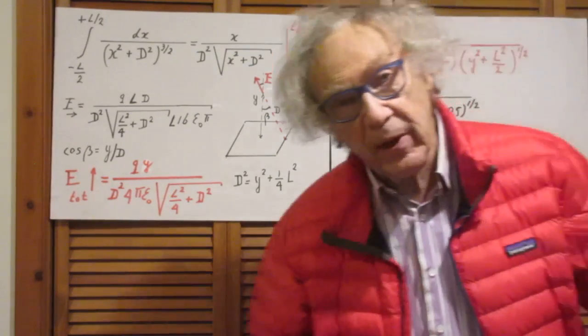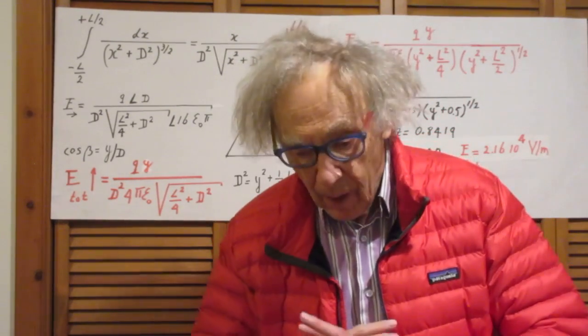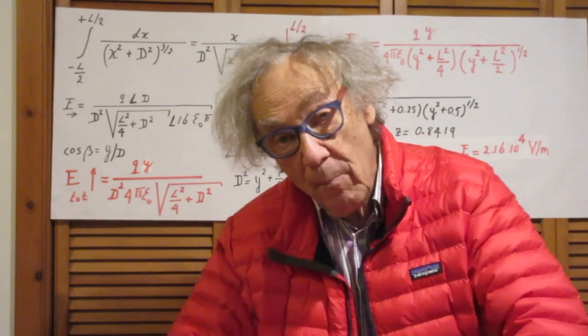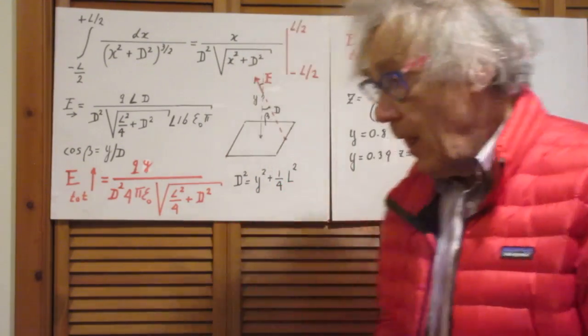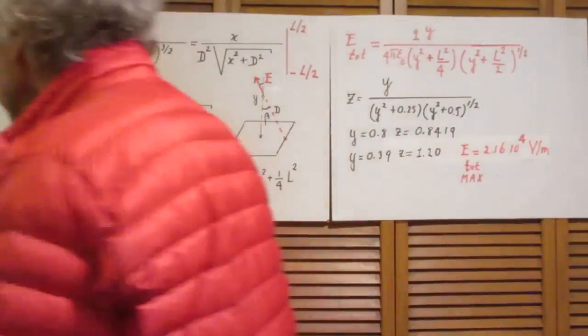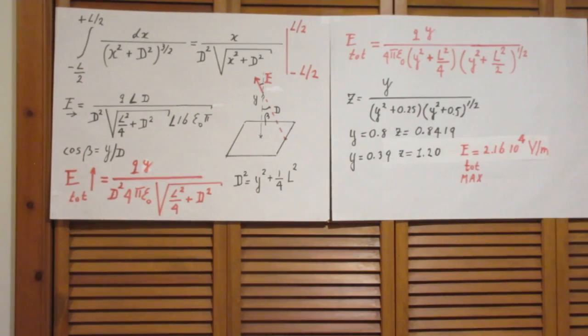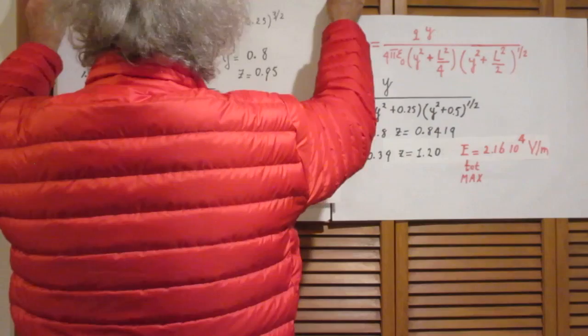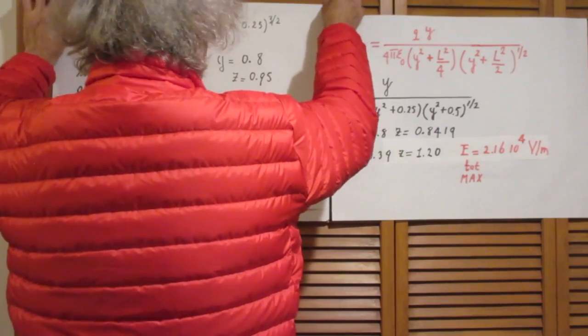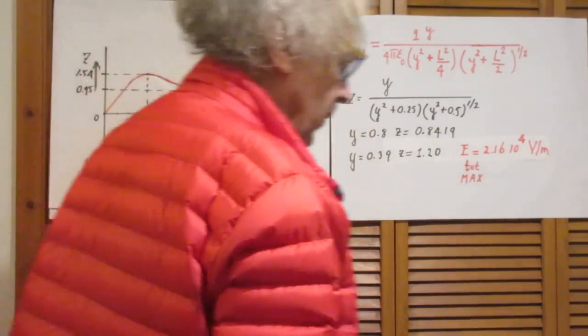I did the same thing that I did last time. I asked Wolfram to plot that curve for me. And the curve that you get is very similar to one that we had before, except that the numbers are different.